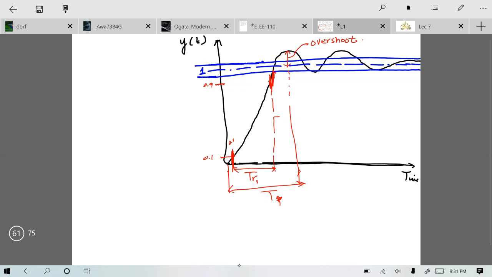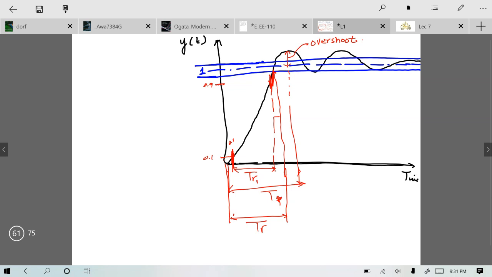From here I am sketching another line from the origin to here. This is TR, the standard rise time that we normally discuss. So TR1 is the swiftness of the response from 0.1 to 0.9, and TR is from 0 to almost achieving the final value.